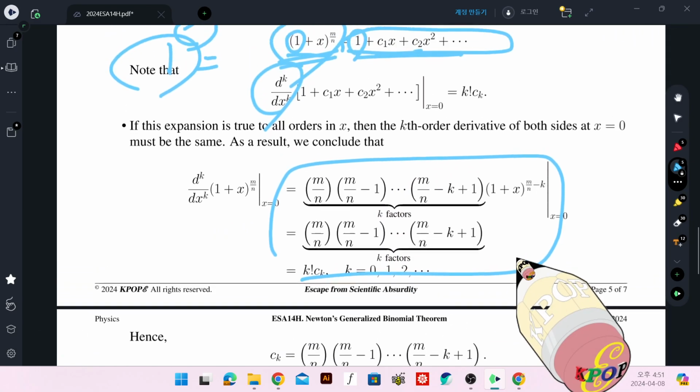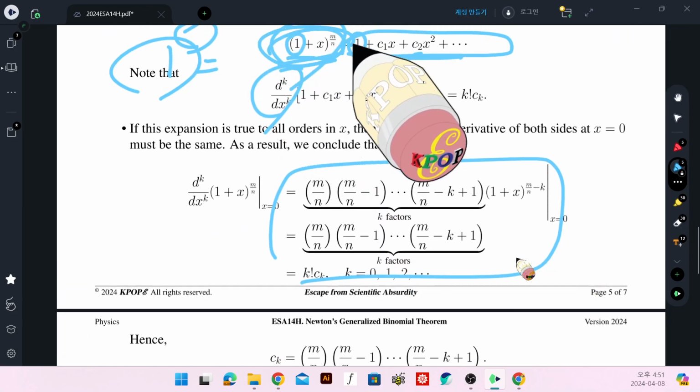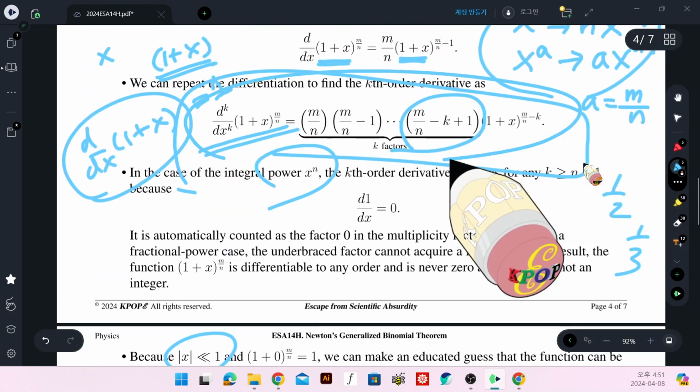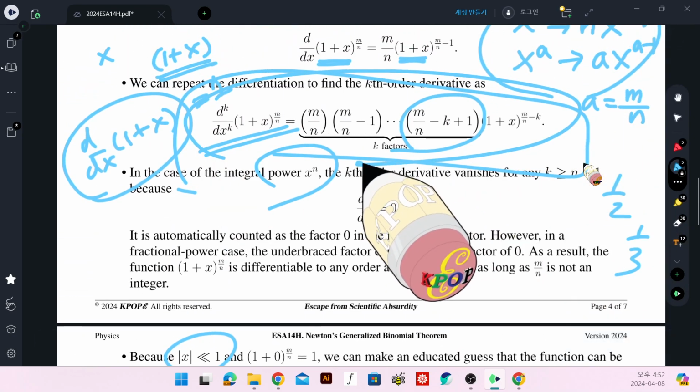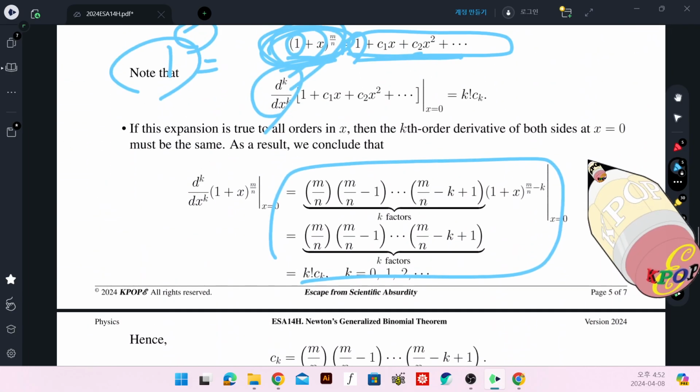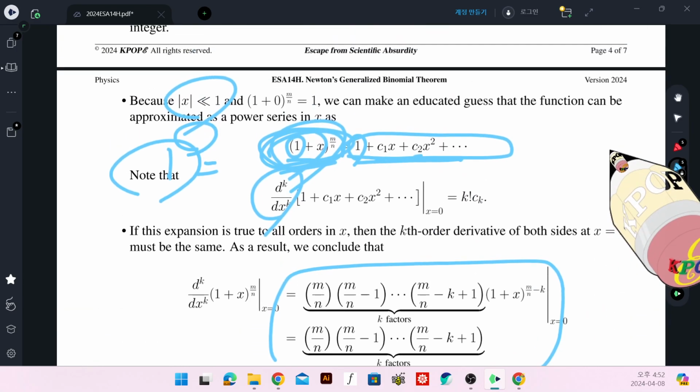Finally, I can take the derivative on the left-hand side with this formula and then substitute 0 for x. On the right-hand side, the kth order derivative is very simple.